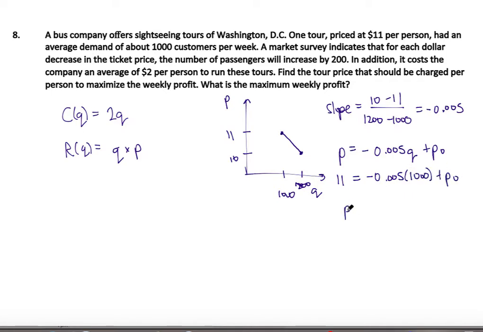And then I'm going to solve for P0. So 1,000 times negative 0.005 would give us just negative 5. So we'll add 5 to both sides. So our P0 is 16. So our final price function as a function of quantity is negative 0.005 Q plus 16.